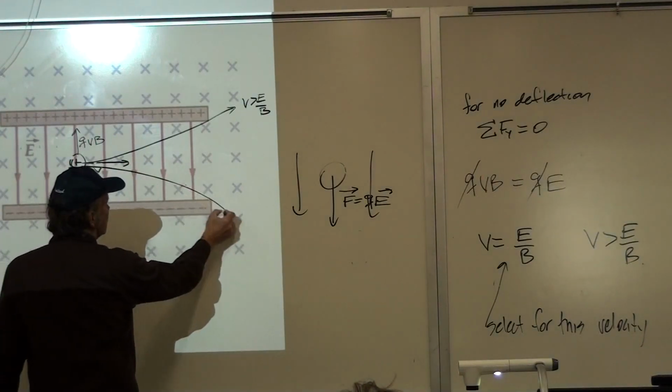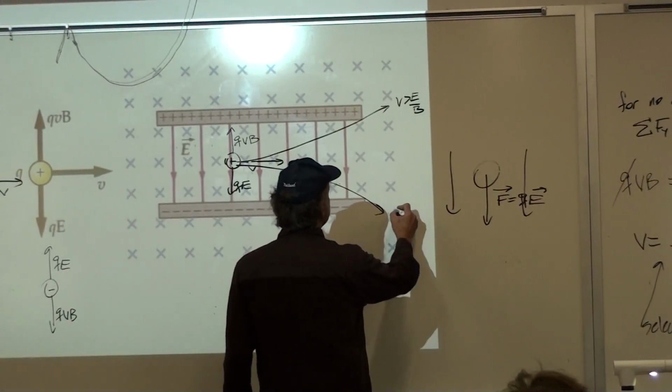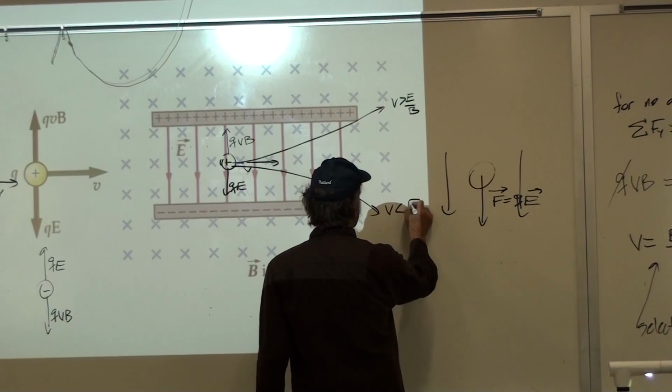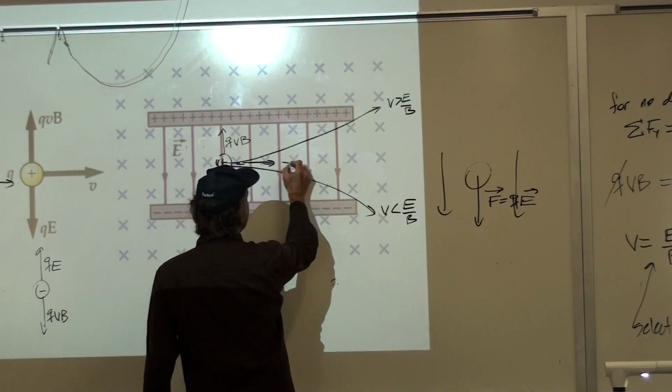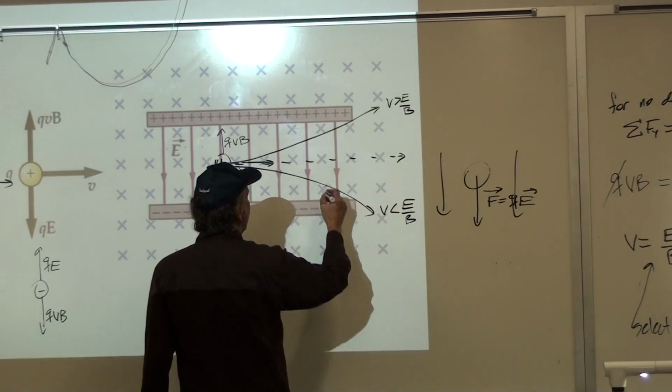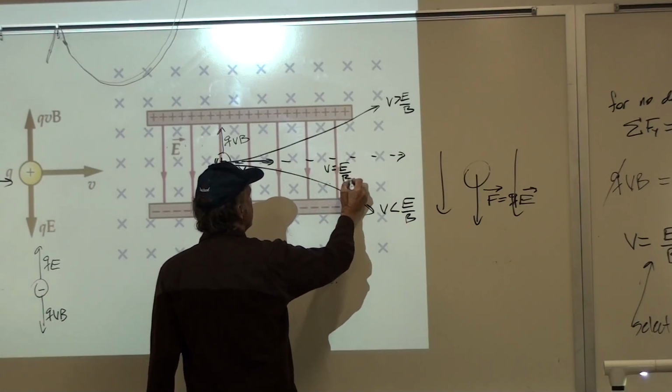Whereas, I think you can see that the deflection will be down if V is less than E over B. So only for this undeflected path do we have the velocity equal to E over B.